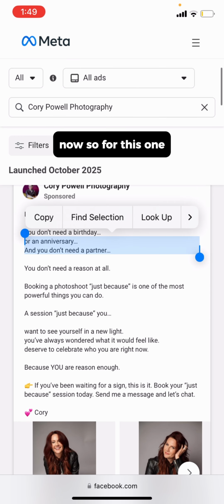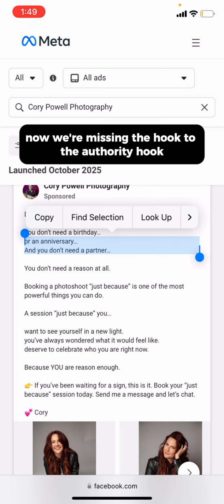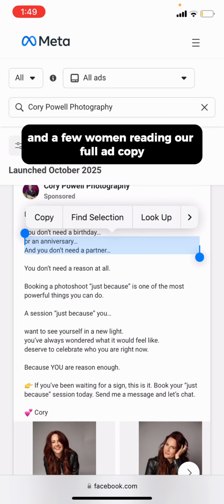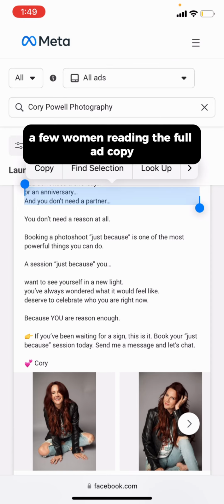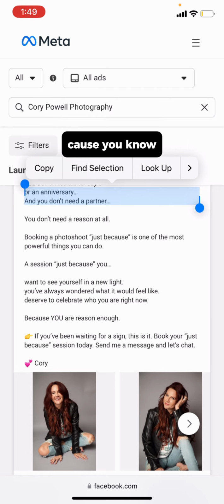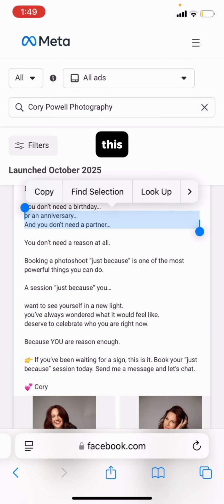Now, for this one, we're missing the hook to the authority hook, which means we're going to have fewer women reading our full ad copy, even though it is only a few lines. Fewer women reading the full ad copy, fewer women becoming pre-qualified, because they'd honestly rather keep scrolling since they don't have a reason to keep reading this.